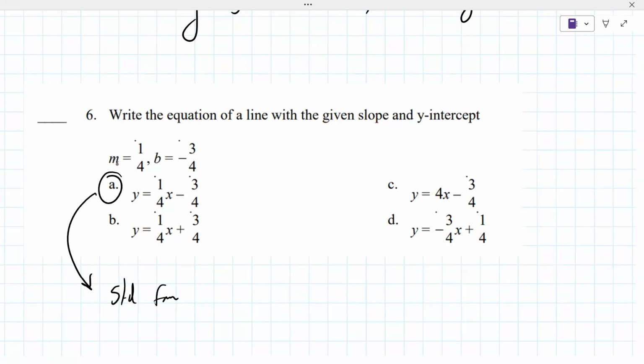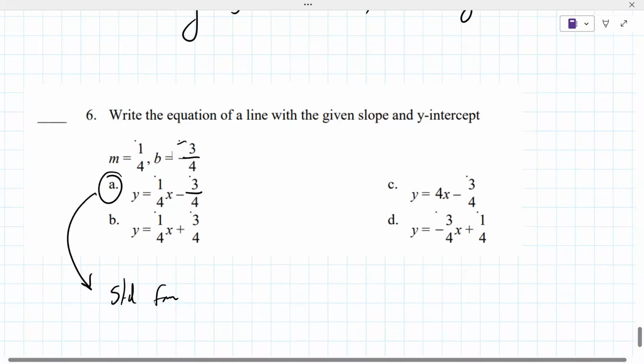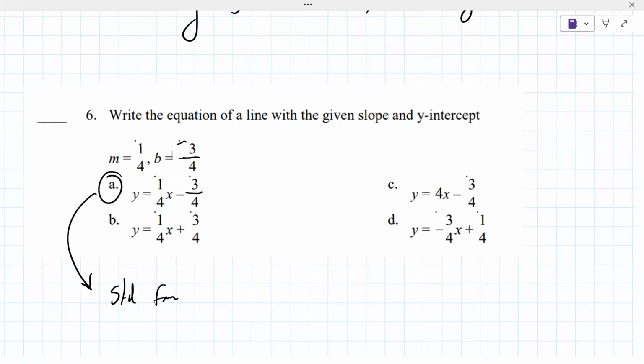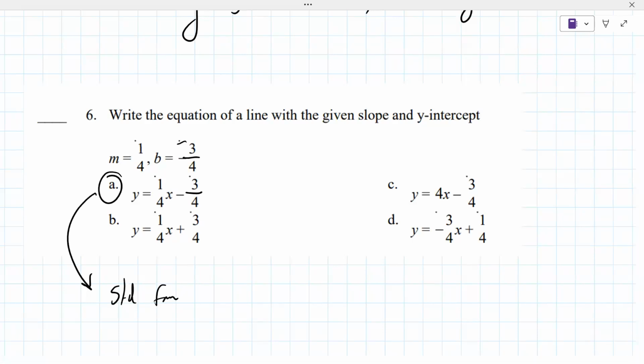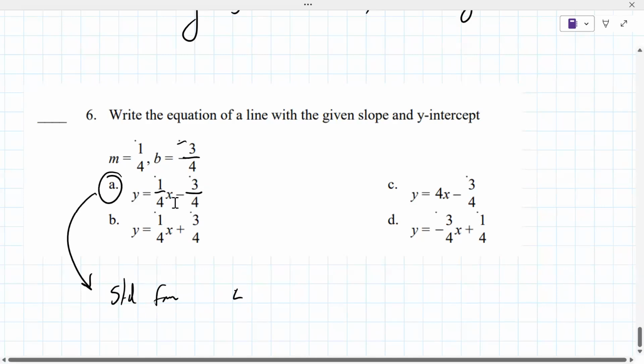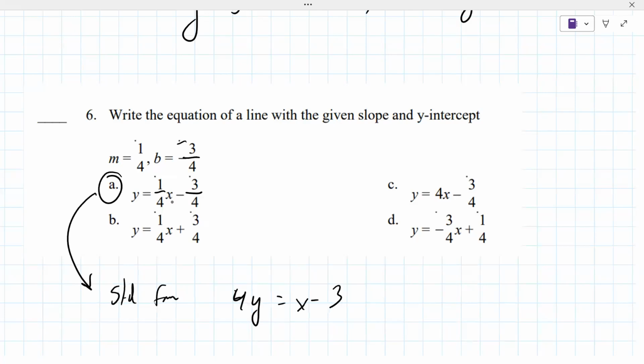Yes. Then 4x minus 4y equals 12. When you multiply the x and this by 4, it ends up being 4y equals x minus 3.